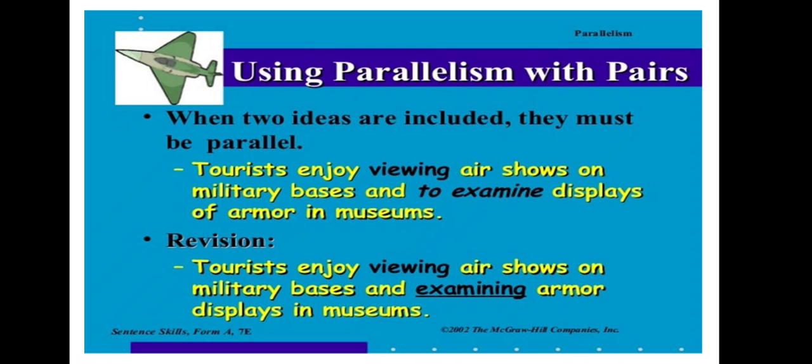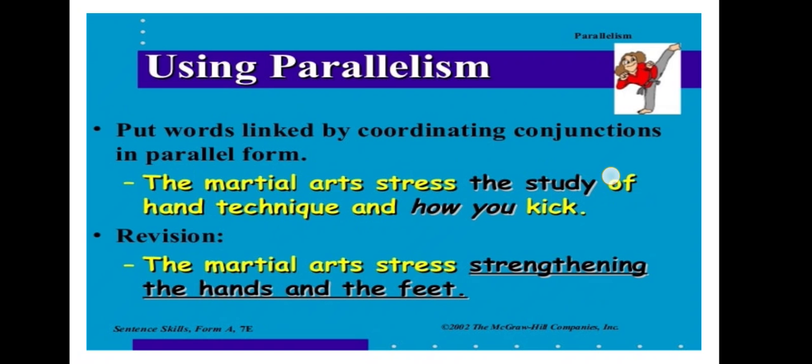If we revise it to parallel structure, the sentence becomes: tourists enjoy viewing air shows on military bases and examining armor displays in museums. Another one, guys. Words linked by a coordinating conjunction should be in parallel form. Here's the example: the martial arts stress the study of hand technique and how to kick.